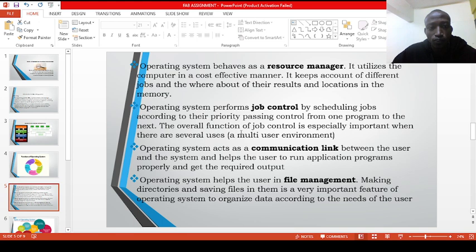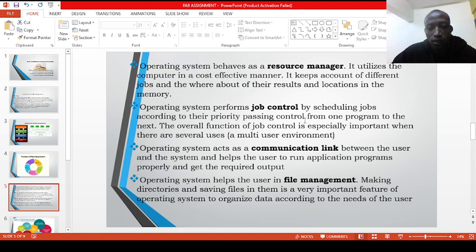The operating system behaves as a resource manager. When we talk about the resource manager, what we mean is that the operating system makes available the resources that the user of a computer requires according to when and how they are needed.